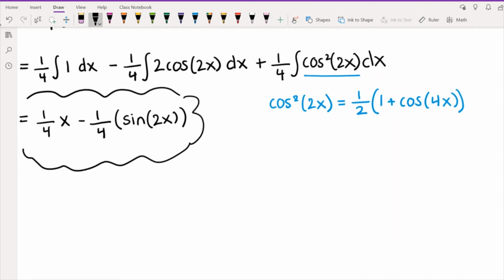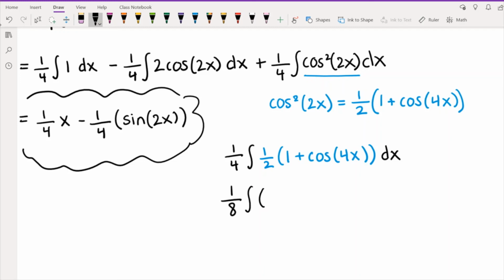So here we're going to get 1/4 times the integral of 1/2 times 1 plus cosine of 4x dx. So we can rewrite this as 1/8, so pull that 1/2 out, and now we have the integral of 1 plus cosine of 4x.